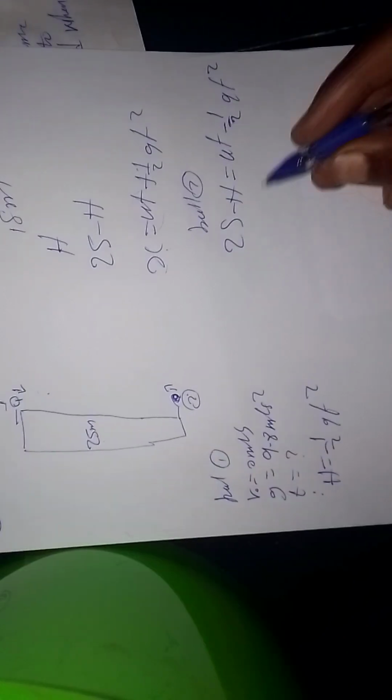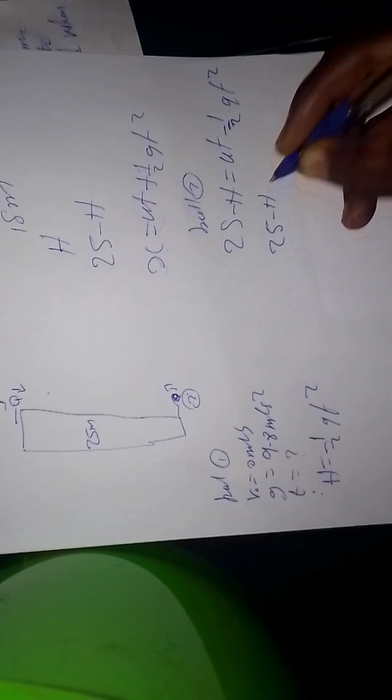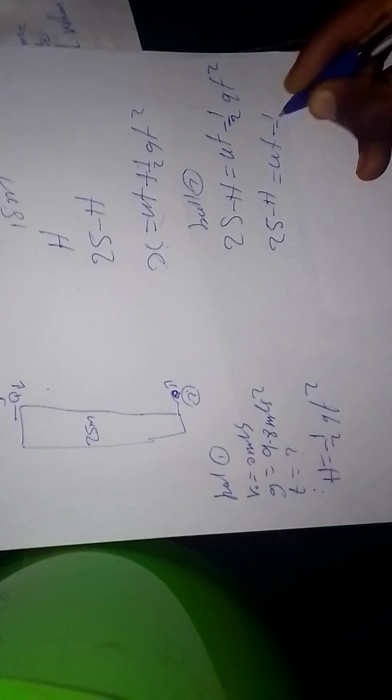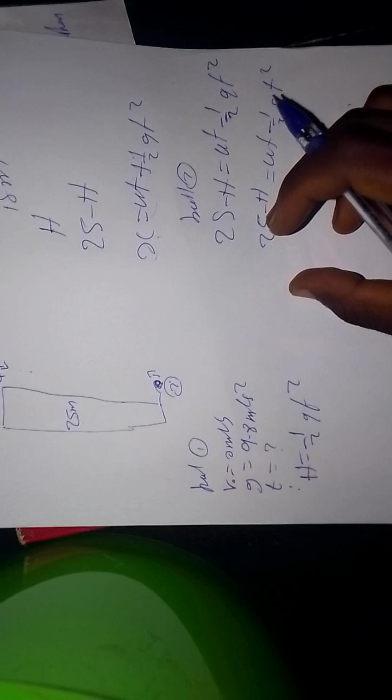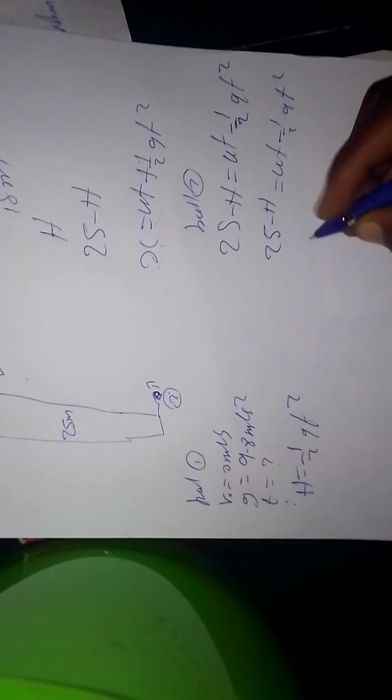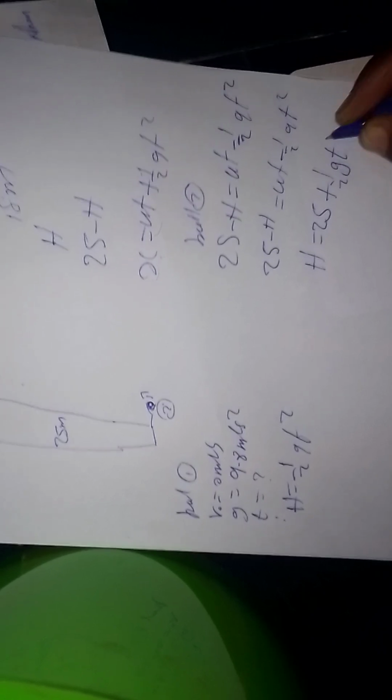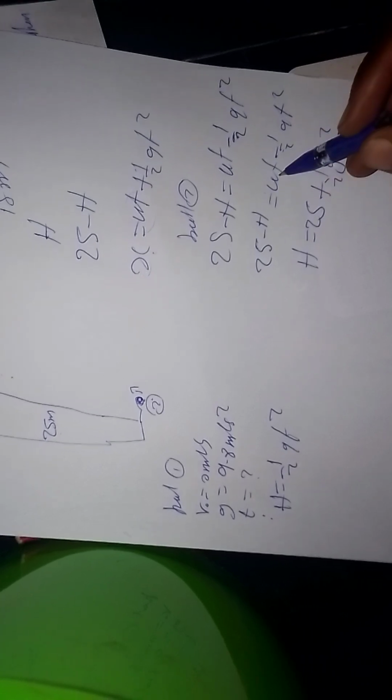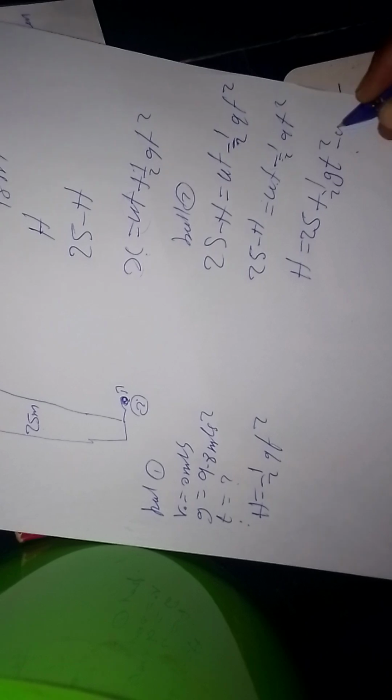From here, 25 minus h is equal to this. You can make h the subject of the formula, so h will be equal to 25 plus one half g t squared, and since the term is negative, when it comes to this side it becomes positive.